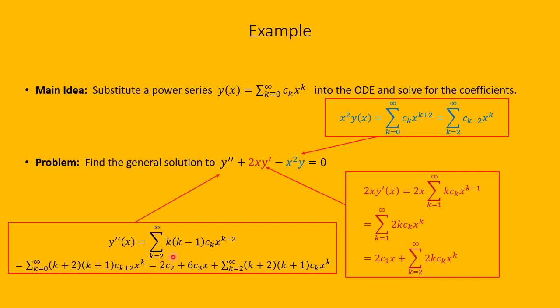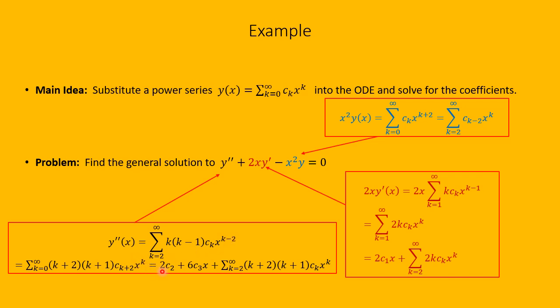Instead of going from 2 to infinity, let's go from 0 to infinity and add 2 to all the k's here. So we'll get k plus 2 times k plus 1, c sub k plus 2, x to the k. K minus 2 plus 2 is k.